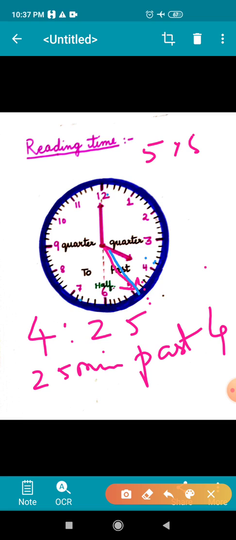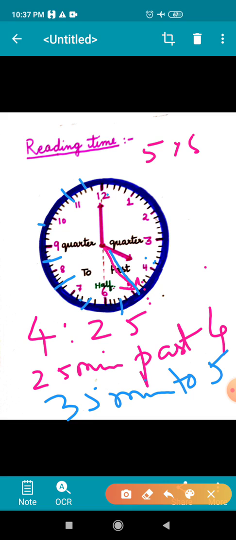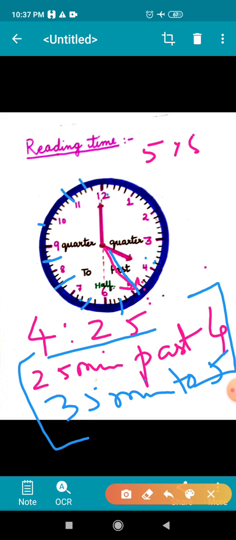So you can say how many minutes are left to 5. 1, 2, 3, 4, 5, 6 and 7, means 35 minutes to 5. So we can read the same time in different ways. We can read it as 4:25, or as 25 minutes past 4, or as 35 minutes to 5.